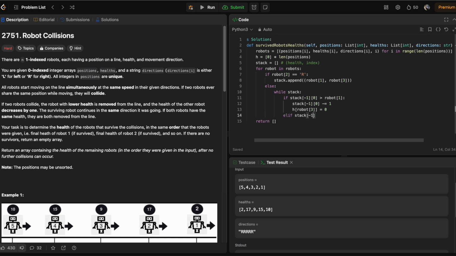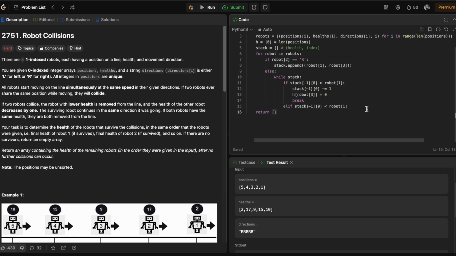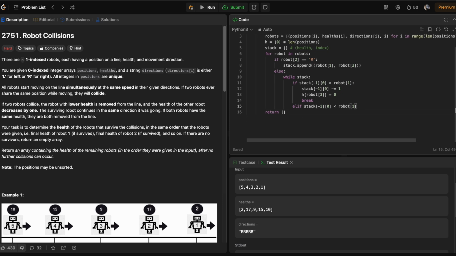Elif stack -1, 0 is smaller than robot 1. Oh, and we should also break out of the loop. Okay, so elif stack -1. Okay, else is if the last robot on the stack's health is less than this robot.